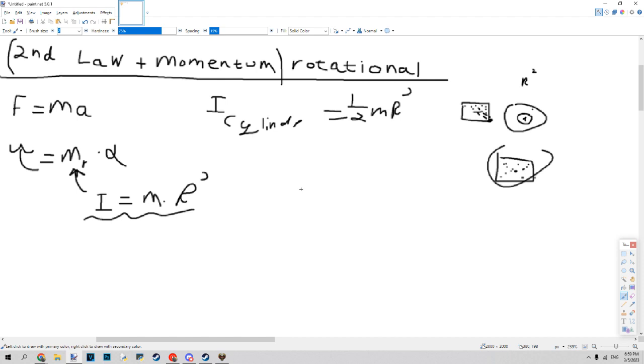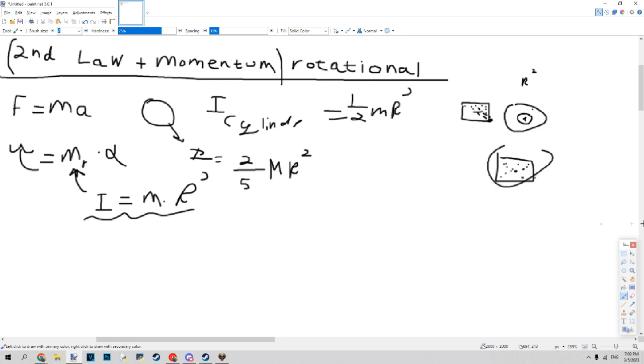A sphere would have, I think, 2/5. Yes, for a sphere, I is 2/5 times the mass times the radius squared.